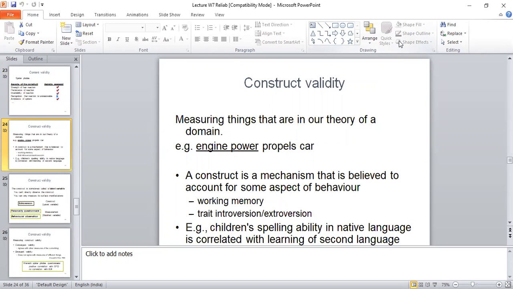Basically, construct validity is an internal validation process. It is only done when other criteria or other forms of validity cannot be calculated, so, for example, it is done internally between one or two variables.